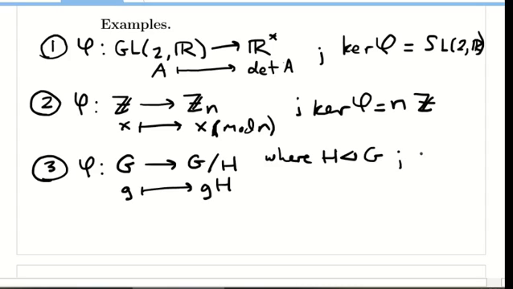So then that makes the kernel just equal to that normal subgroup. It turns out that the kernel of a homomorphism is always a normal subgroup. That we're going to talk about maybe not in this video, but in a new video. But this is a fact.